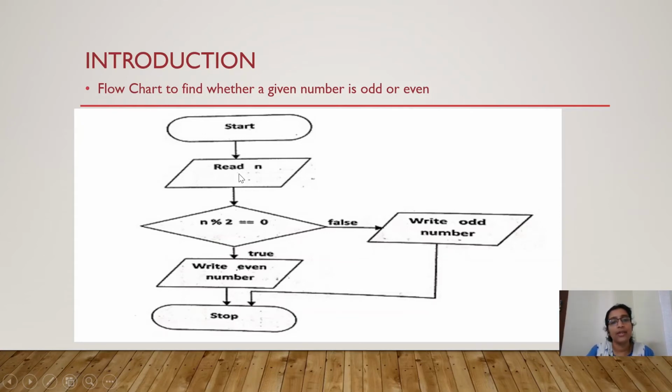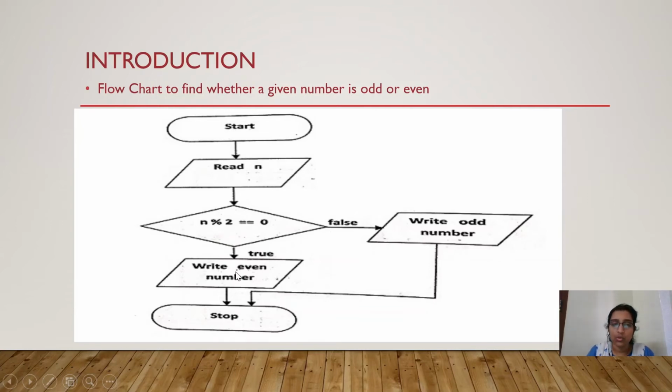The input here is n. So read n. Then we check one condition: n % 2 equal to 0. That is, if we divide n by 2, whether the remainder is 0. That is a condition check, so it is given in the diamond symbol.